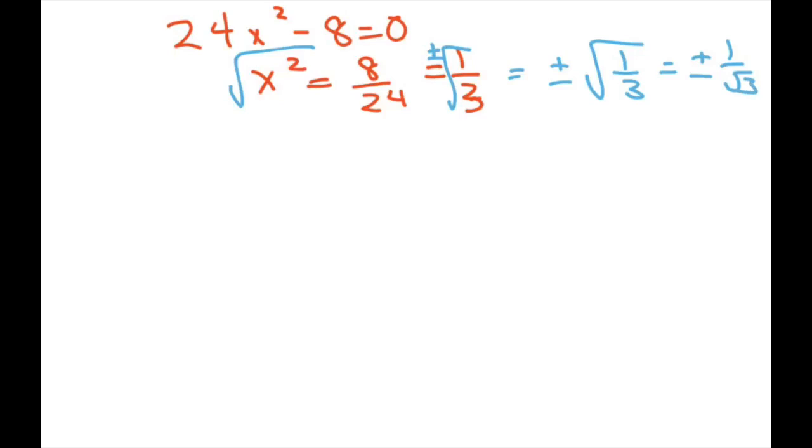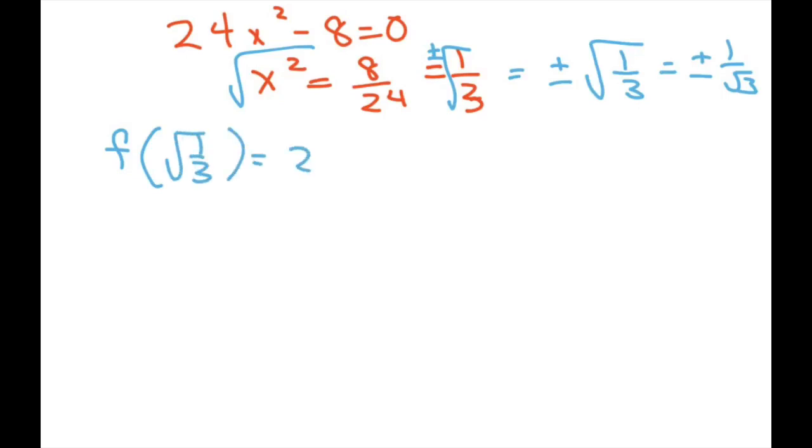Now, in order to find the y-coordinates, you plug it back into the original equation. Because remember, we have to graph this. So we have two values here. So let's plug it in to the original equation. So you have f of square root of 1/3.